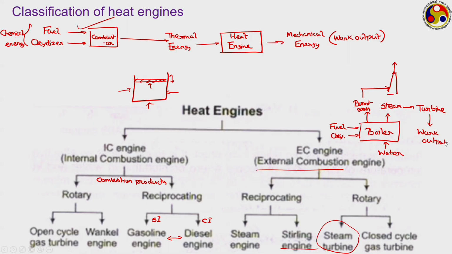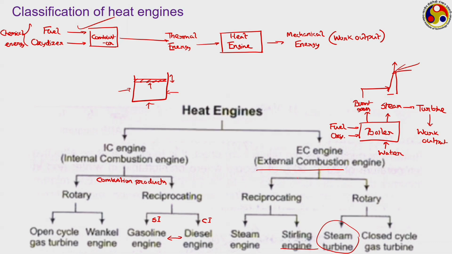So, the combustion gases are not used as the working medium, the combustion gases are going out, whereas we are using a second medium to produce the real work output inside the turbine. Same in case of steam engines also. Closed cycle gas turbine, the other variation of the gas turbine, also works in the same way, where we may not be using steam, we may be using some other gas, but there is a secondary medium present.